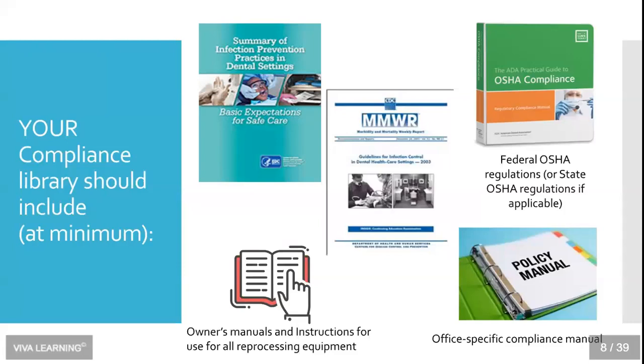So as a result of that, CDC came out with a new document on the upper left-hand side called Summary of Infection Prevention Practices in Dental Settings: Basic Expectations for Care. This document is a little bit easier to read. It's written in plain language, and it gives the bare minimum of what we need to do to remain in compliance. At the end of this document, there is a two-part checklist, if you will.